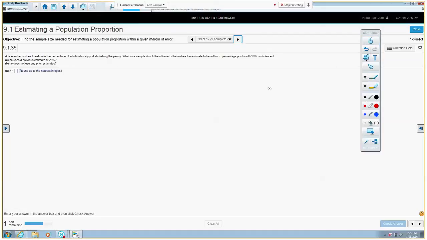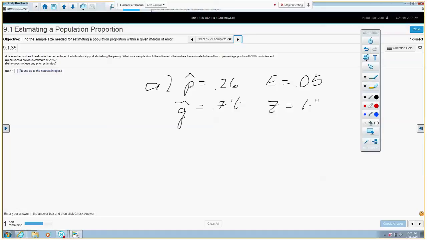So in A, we got p hat is equal to 0.26. Therefore, q hat is equal to 0.74. E is equal to 0.05. And somebody give me the Z-score for 90%. 1.65. And crank it out.